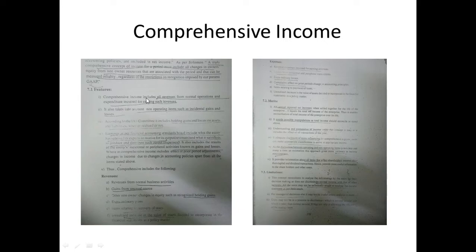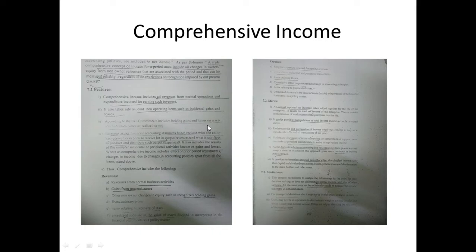It includes all revenues from normal operations and expenses incurred for earning such revenues. So it is going to include every revenue. And second, it also takes into account non-operating items such as incidental gains and losses. So if there are any other non-operating incomes, that is also taken into consideration.